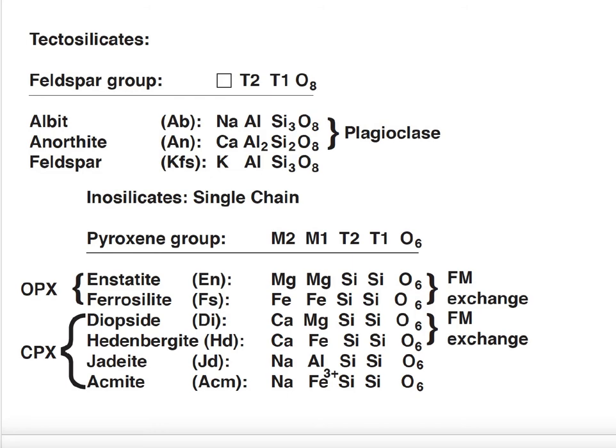For example, we have the mineral end member albite, which is a plagioclase, but can also be an alkali feldspar, depending on which side of the triangle you are sitting.